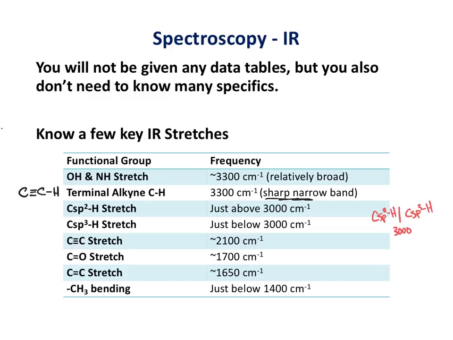If you have trouble remembering the order, they go in order: sp3 CHs, then a little higher than that are the sp2 CHs, and then higher than that are the sp CHs. Or, I'm sorry, sp.